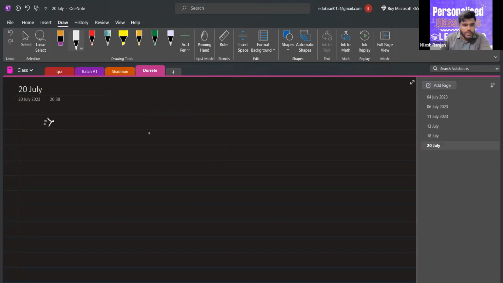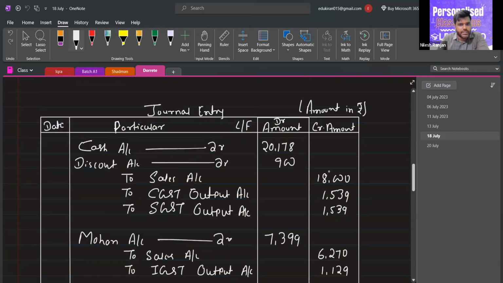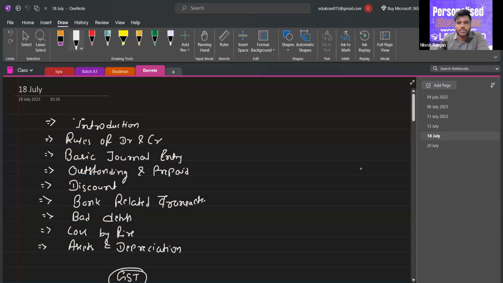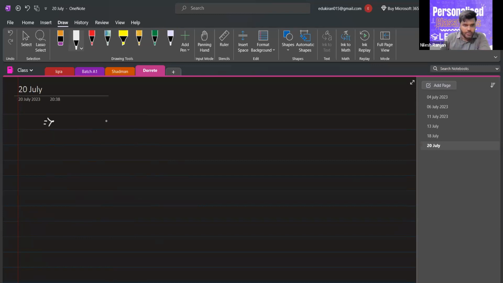What we do is, when we pass a journal entry for purchase, the entry is purchase account debit. Okay, let me see, you have written all the journal entries? No, I think not. No, you have not written. Okay, so journal entry for GST.